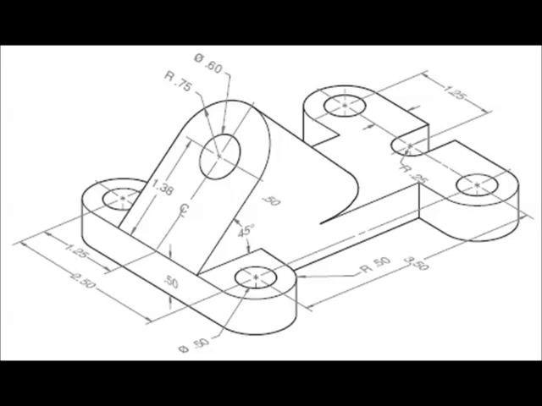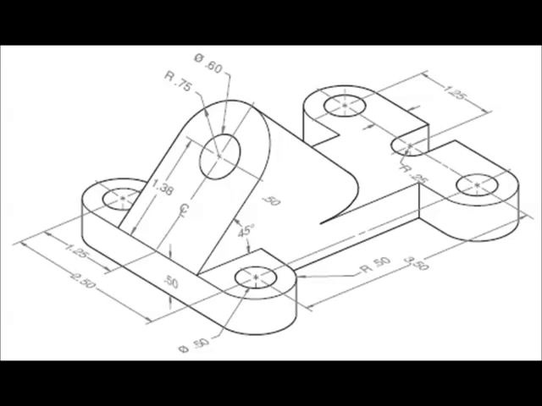Right, so we need a main view, which will be from the bottom right hand side because that's the longest one. We'll have a left hand view from the bottom left, but due to the top being inclined, we can't really show any dimensions on that inclined plane because it is now skewed. So the left view is going to be a partial left view.